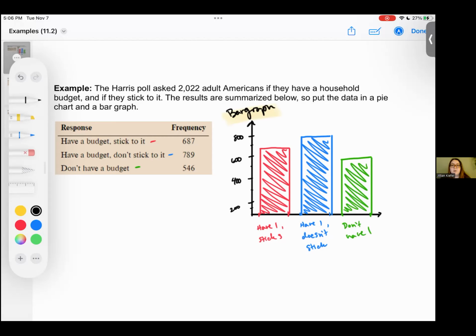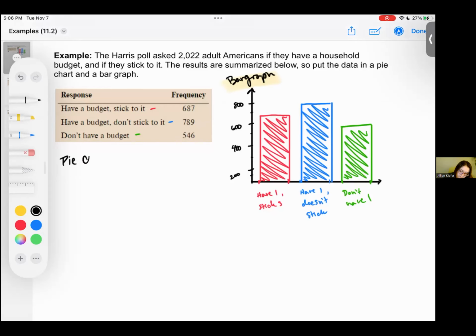So now we can go ahead and work on the pie chart. The pie chart will be a little bit different just because we have to convert into degrees. When we make a pie chart, we want to make sure that our pie chart is expressed in degrees. Sometimes it's also in percentages, but for us, we're going to do it in degrees.